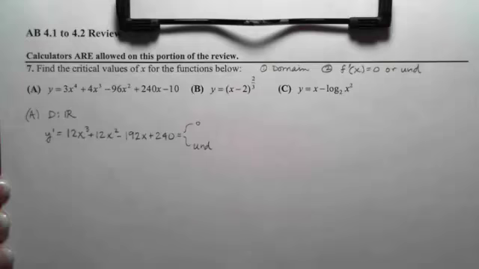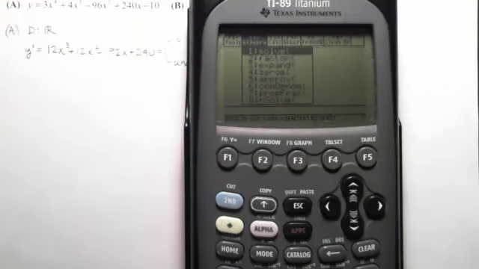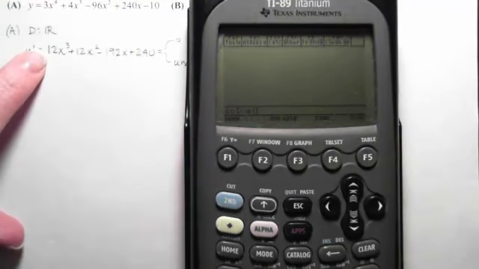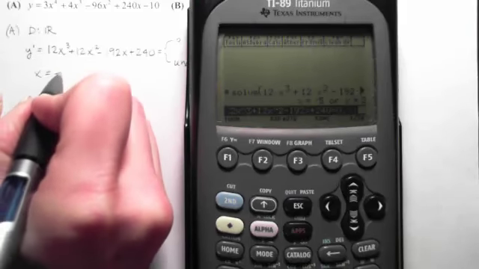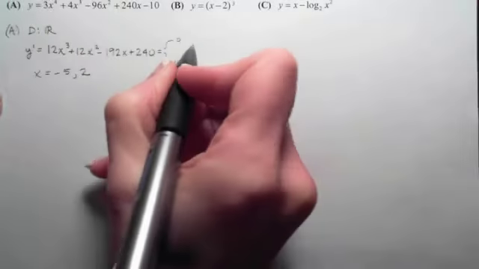So to do that, I am going to first go to F2, and I'm going to solve for when 12x cubed plus 12x squared minus 192x plus 240 equals 0 with respect to x. And then I'm going to hit enter, and I get x equals -5 or x equals 2.